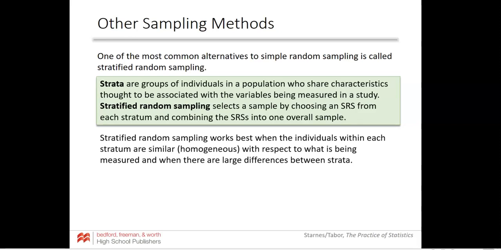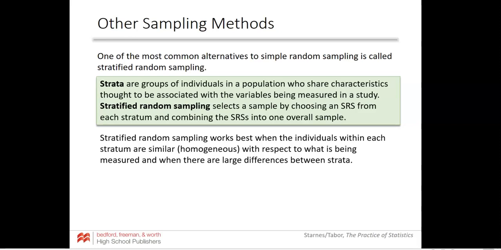So it works best when you have a homogeneous group. You could maybe stratify by gender, right? So males and females, you're going to separate them first, and then within the males and within the females, you're going to do some kind of simple random sampling. So you're breaking them into homogeneous groups, groups that have similarities, maybe men react differently than women for this, whatever they're studying.